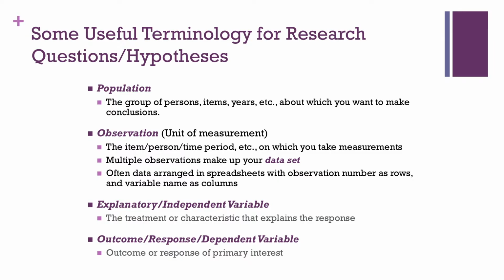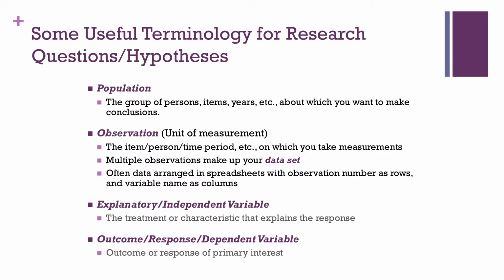And then our variables, which I've already started to mention, can be divided into two categories. The first category is our explanatory or independent variables. So those would be, if I'm doing a randomized clinical trial where I'm looking at new medications, the treatment might be my explanatory or independent variable. The explanatory or independent variable could also be a characteristic. So, for example, I might hypothesize that women start more quickly when the light turns green.